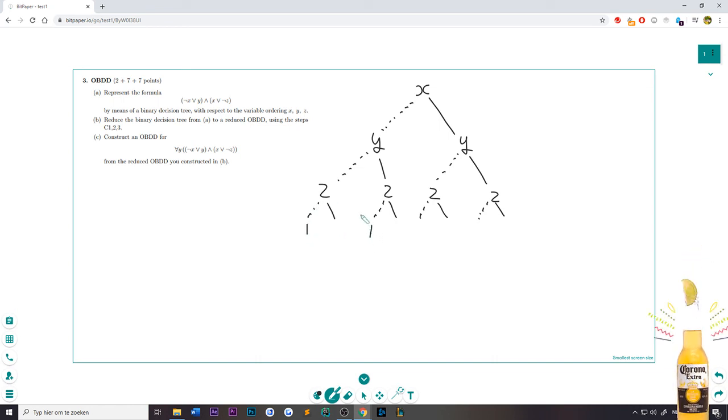Agree? Not x and not z gives us a 1. And if we have a y and not z, then we're also going to have a 1. And alternatively, if we have an x and a y, then we also have a 1. So everything else should be a 0.